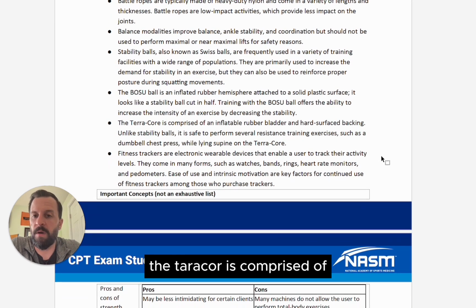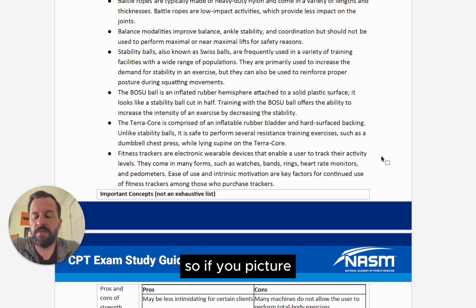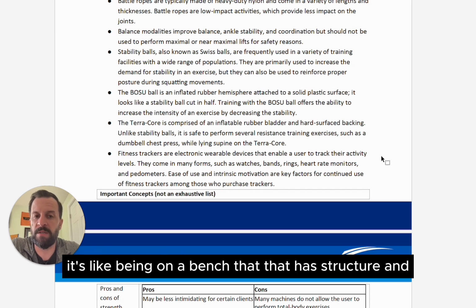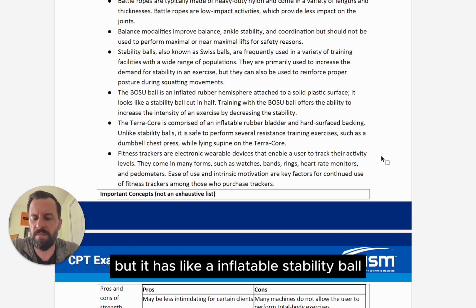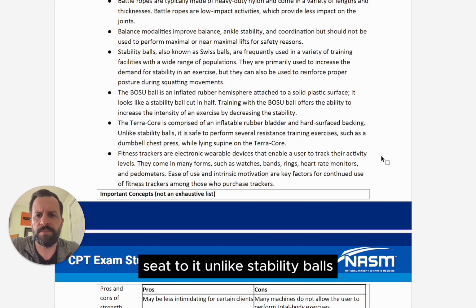The TerraCore is comprised of an inflatable rubber bladder and hard surface backing. So if you picture almost like a bench that has a stability ball built into it, it's like being on a bench that has structure and a solid frame, but it has an inflatable stability ball seat to it.